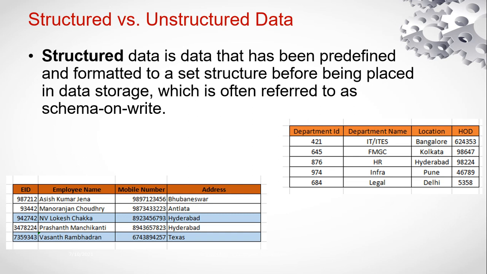Any data that can be formatted to a predefined format before storing to the storage is called structured data. Any data we are storing into an RDBMS database is called structured data, because in an RDBMS database we store the data in table format, with rows and columns. A typical example is how I have put it in this slide.